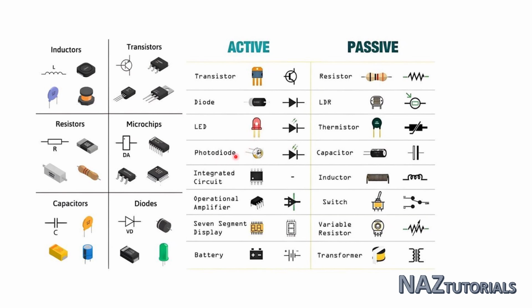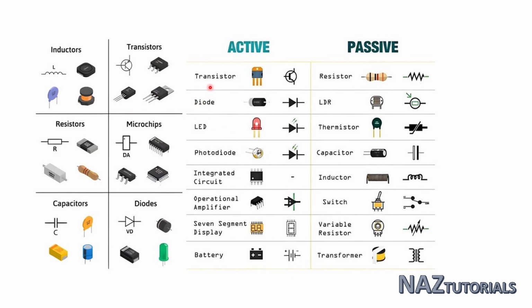Or if you use a photodiode, or if you use a Zener diode, it will be used as a voltage regulator. So if you connect all these types of diode in a circuit, it can provide some power into a circuit.